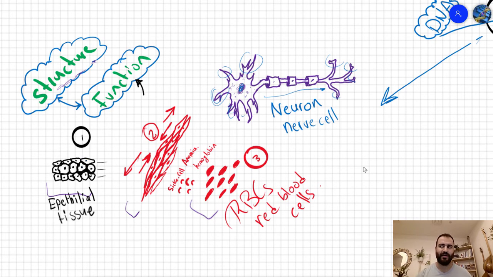So if I take a sample of your skin cells, your bone cells, your neurons, your white blood cells, and I do DNA electrophoresis or DNA testing, I will see that the DNA in every cell is the same. Now, how is it possible that cells that have the same DNA are different? If they have the same DNA, maybe they're supposed to be the same.